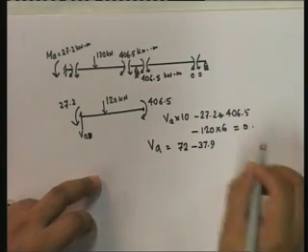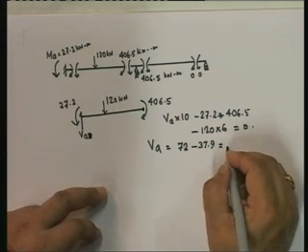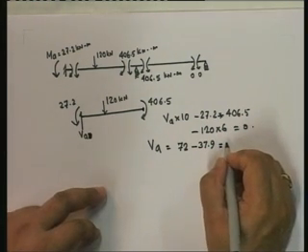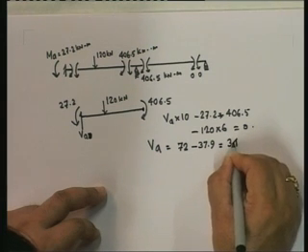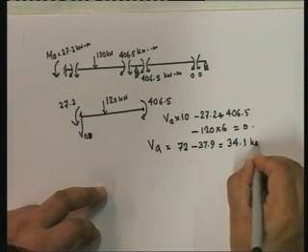I'm dropping the 3, of course. And so VA is going to be equal to 34.1 kilonewton.